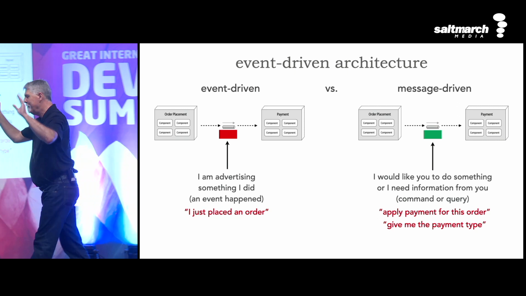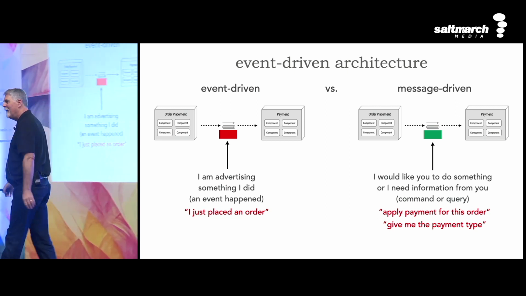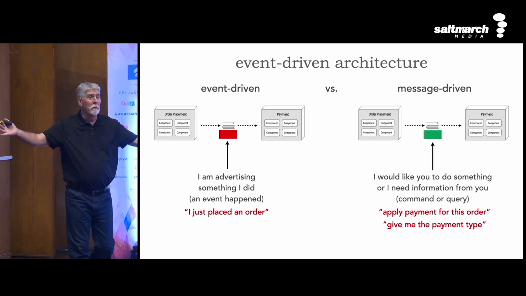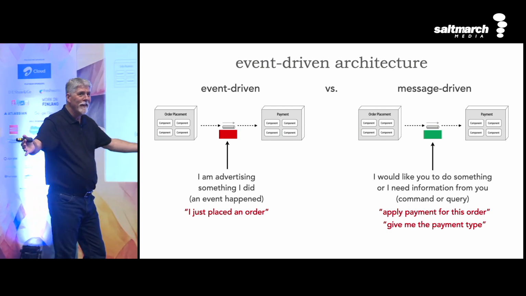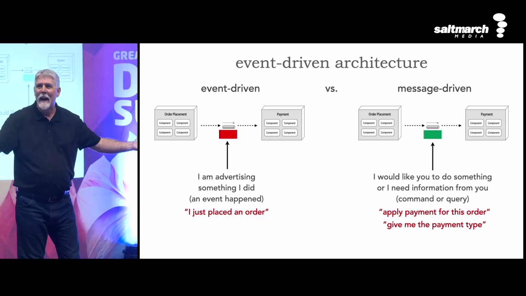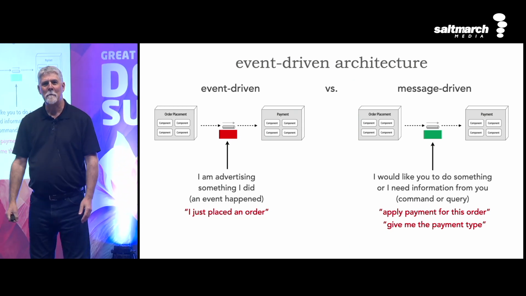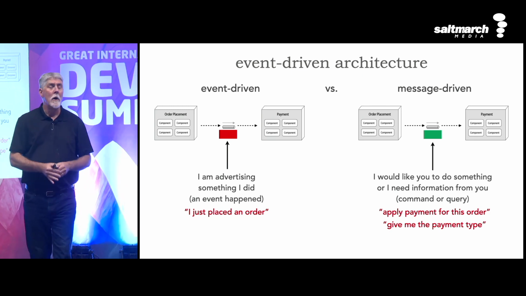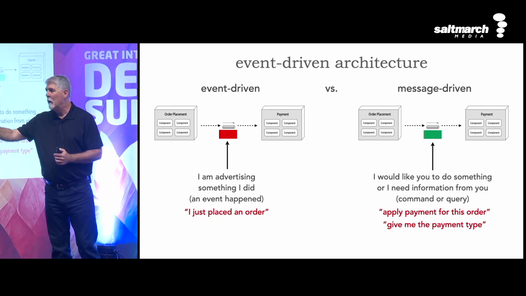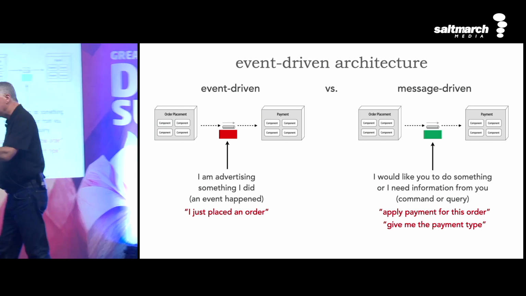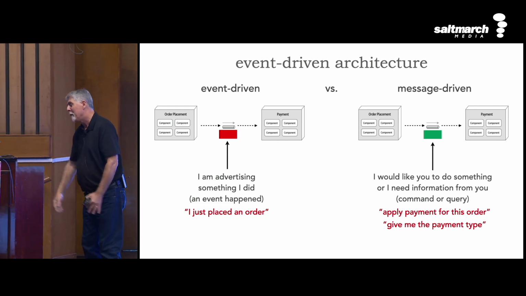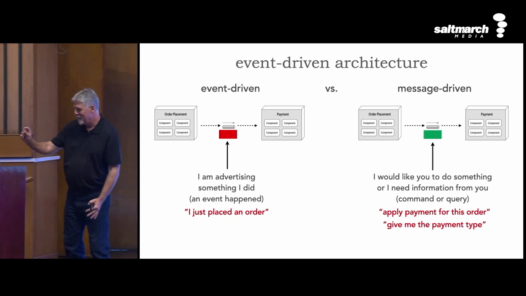I'm done. And I can walk off stage. Because I have no idea who will receive that event, respond to that event, and react to that event. I have no idea. That's an event. But a message, I need Hugo to pagar, pay. I need dude to pay. So the point is, I'm trying to learn Spanish, so there we go. That was my little attempt.